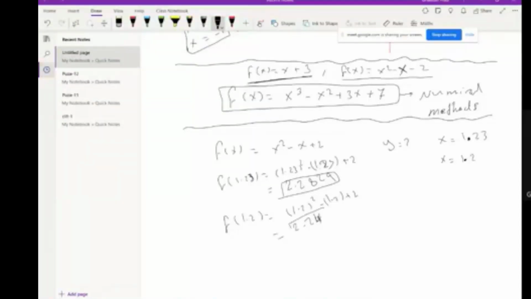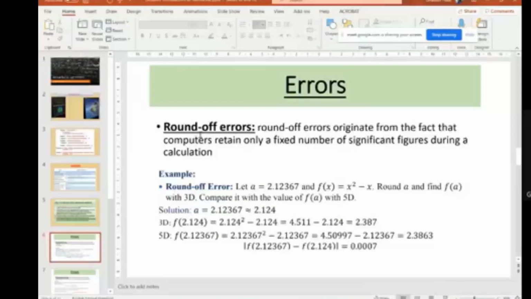Now we have two numbers, 2.24 and 2.28. This is a difference. Why? Because we ignored part of the number. This is named round-off error.